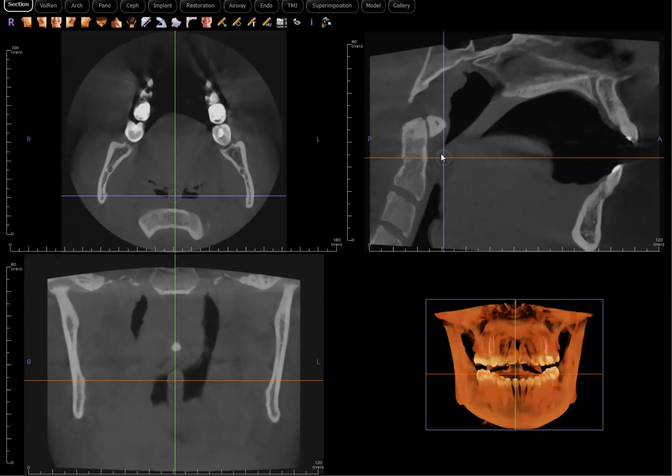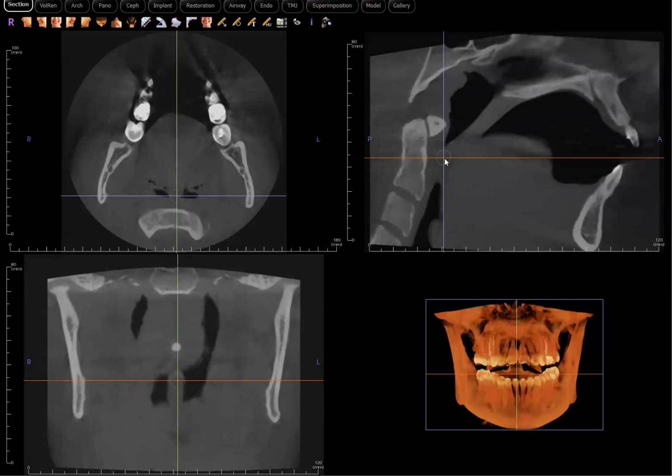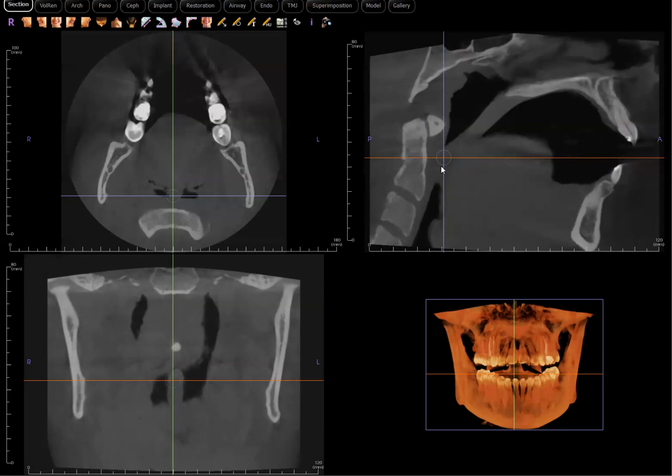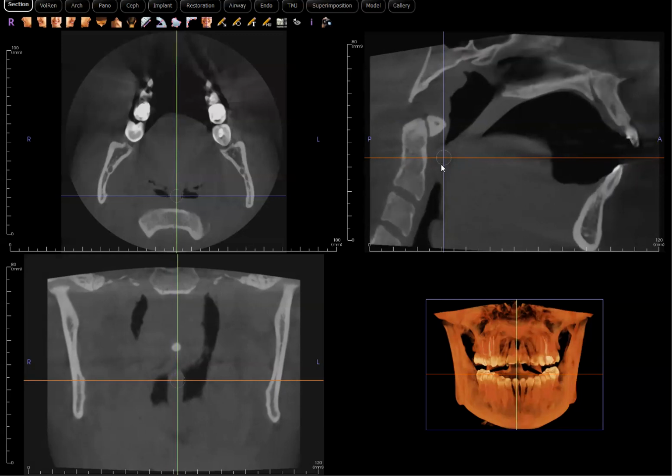But another thing is that this patient, if I recall correctly, is in his or her 20s or 30s. And so again, to see this much narrowing and constriction of the airway in a patient who's relatively young was a striking radiographic and clinical feature for me.